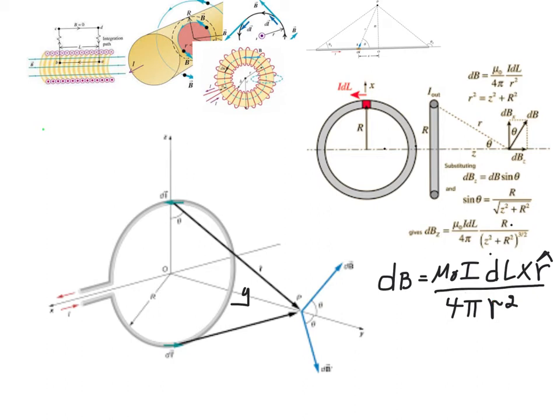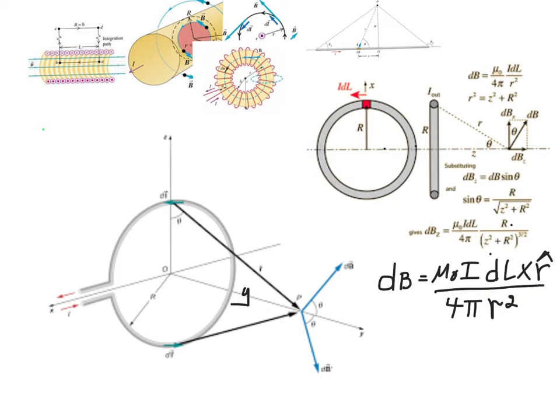And the r, in this case, what is it? It's the big R squared plus y squared. And for this one, this distance r is going to be r squared plus c squared. And that's why when we write this down, it shows you that r squared equals c squared plus r squared.